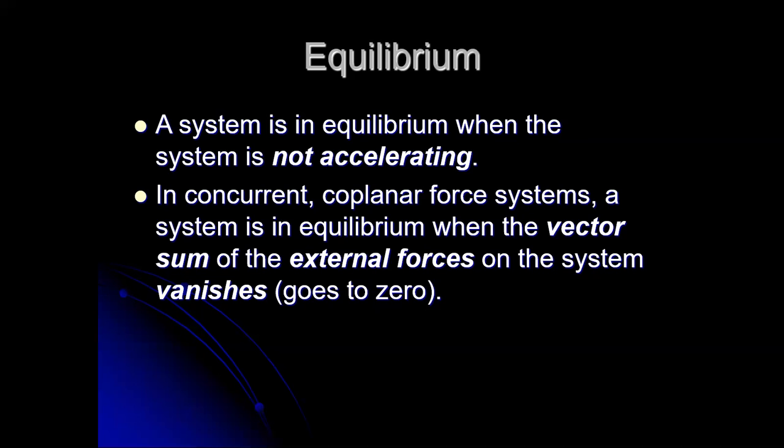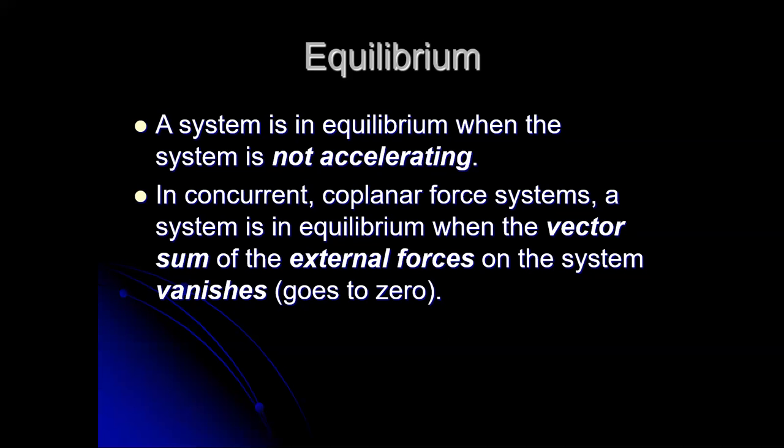Makes me sound like a magician, I suppose. The vector sum vanishes. So it goes away. It goes to 0. That's the tool we're going to be able to use to come up with equations. Last week, we learned how to add vectors together to form a vector sum by breaking the forces up into their horizontal and vertical components, and then add up each piece.